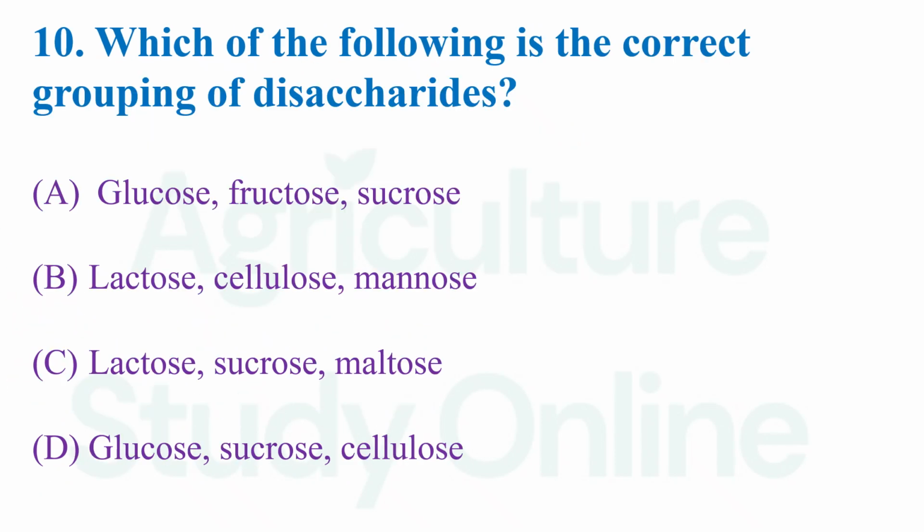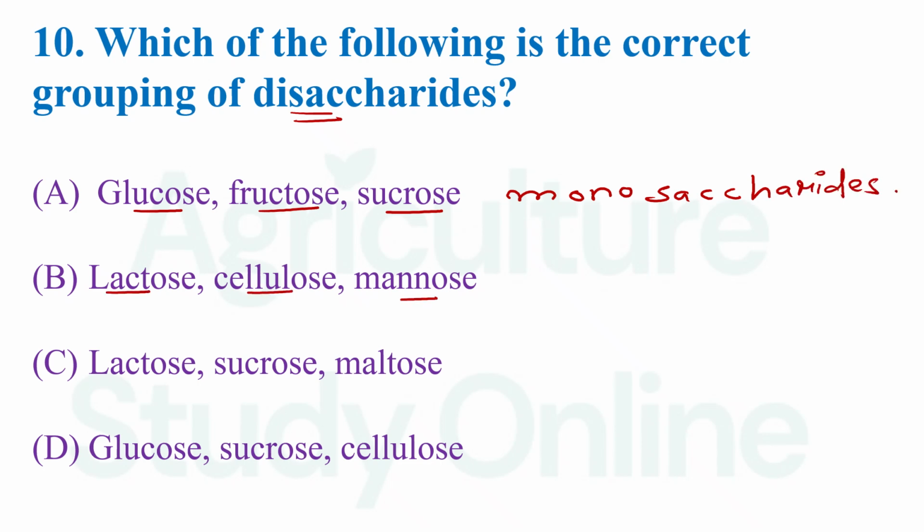Question number 10. Which of the following is the correct grouping of the disaccharides? First one, that is glucose, fructose and sucrose. So they all are monosaccharides. Lactose, cellulose and mannose. Cellulose, we know it is a polysaccharide, and mannose is a monosaccharide.